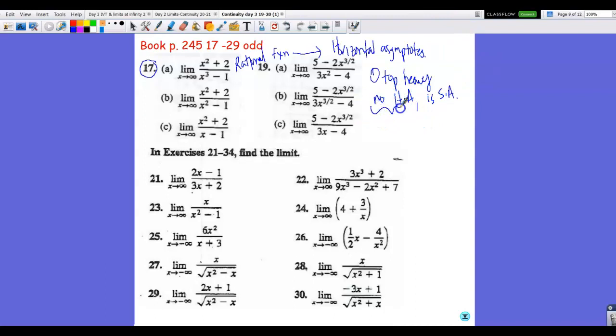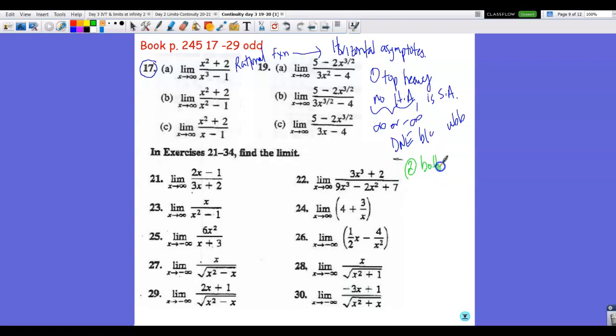But the big deal is that there is no horizontal asymptote, meaning that the graph is either going off to positive infinity or the graph is going to go off to negative infinity. In either case, the limit does not exist because of unbounded behavior. So that's the scenario if you have a rational function. Remember, this is only true of rational functions, and a top-heavy situation.